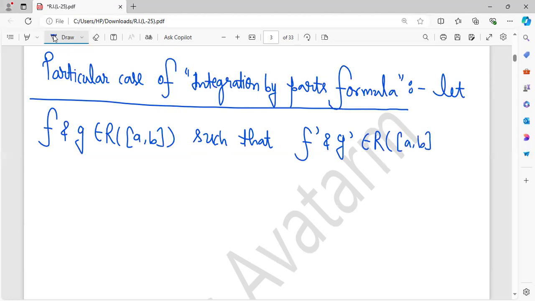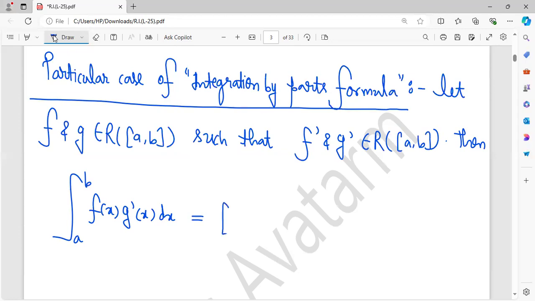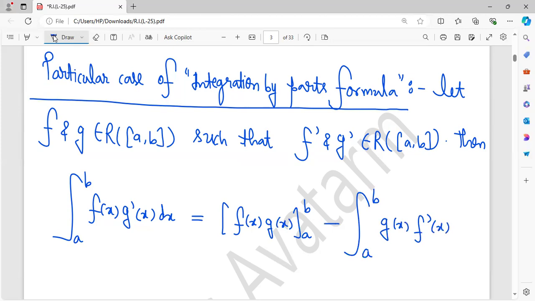Then the integral from a to b of f(x) g dash(x) dx is equal to f(x) g(x) with limits a to b, minus the integral from a to b of g(x) f dash(x) dx. Let's prove it.